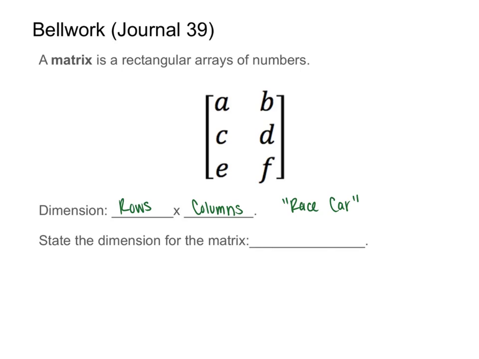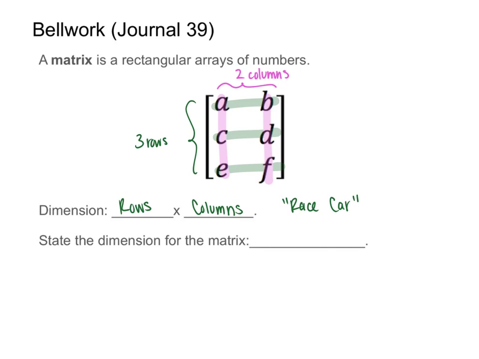So using this as our example here, this has 1, 2, 3 rows because rows are always horizontal. So 3 rows. And when we look at the columns, that's how the numbers are stacked vertically. So 1, 2, there are 2 columns here.